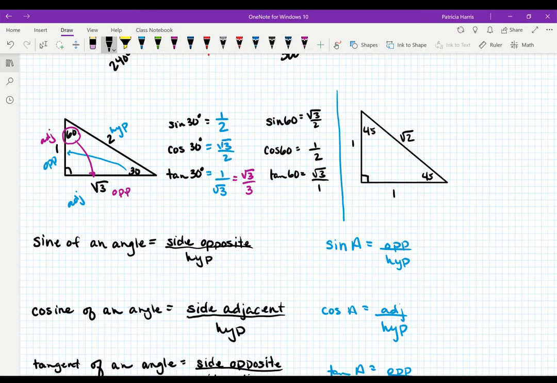So we choose 1. Doesn't matter which one. Okay, this is the opposite. This is the adjacent. And this is the hypotenuse. Okay, so we're going to find sine of 45, cosine of 45, and tangent of 45.